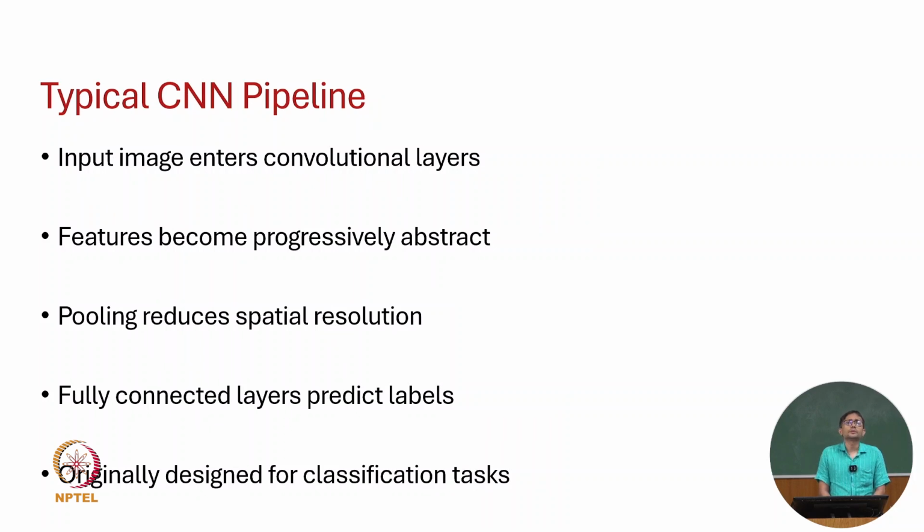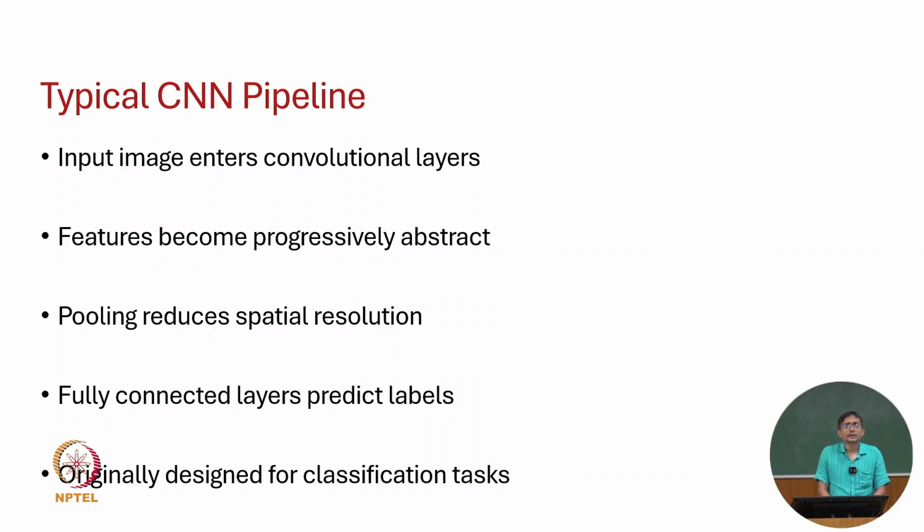So let us think about a typical CNN pipeline. In a typical CNN pipeline, the input image enters and is processed using the convolution layers. The features become progressively abstract.